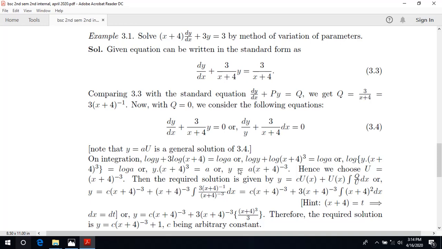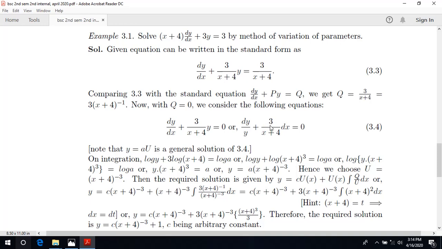Just recall step 2. In step 2 we make a hypothesis: let the general solution of equation number 2 be y equal to au. That means the general solution of this differential equation is assumed to be y equal to au.